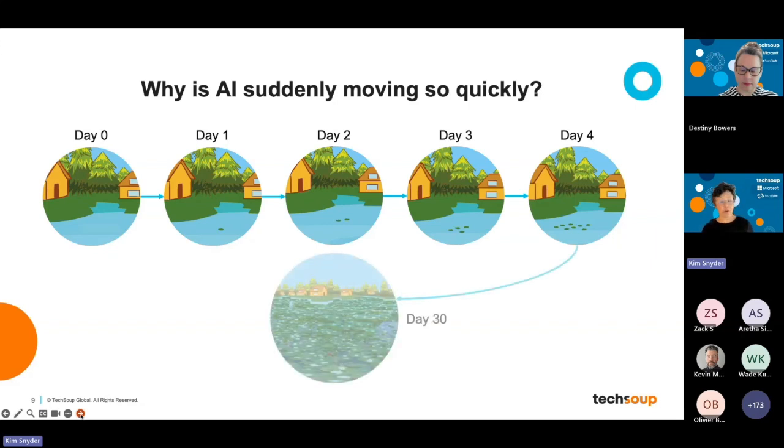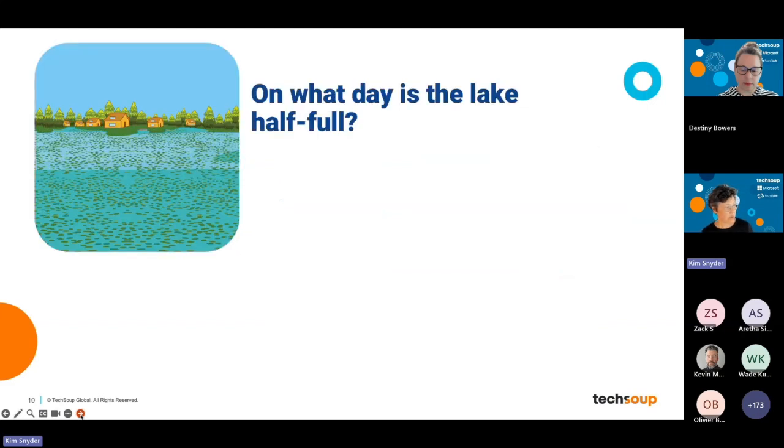I get to day 30. By the time I'm at day 30, this lake is so covered in lily pads, I cannot see the water anymore. Okay, and that's happened because they doubled every day. Right. So thinking about that kind of growth, doubling, here's a math question for you.